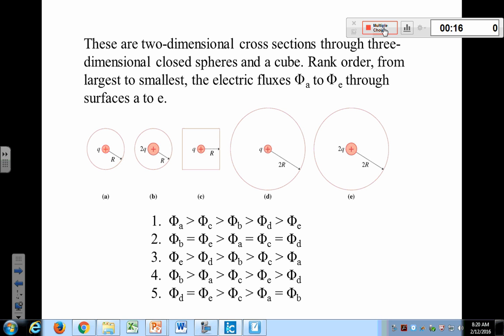They all have a radius or a side R. And then these are other cubes with Q and plus 2Q, but have a radius 2R. I want you to rank the fluxes, A through E, in their proper order, from largest to smallest. Which has the largest flux, which has the smallest flux, and then rank them in that order.